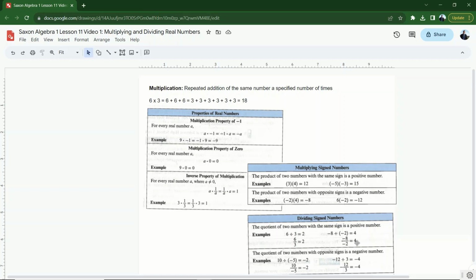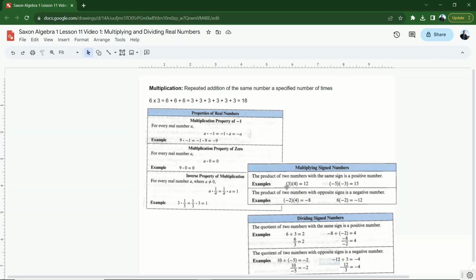Hey, let's pause for a second. I just want to point out that there are different ways to show multiplication and division, since we've seen a few of these examples already. Notice up here I have this little dot symbol. That little dot symbol means times. But I can also show multiplication by just putting 2 numbers next to each other in parentheses like this. Even if one number is in parentheses and the other is next to it out front, multiplication is shown by putting numbers next to each other.